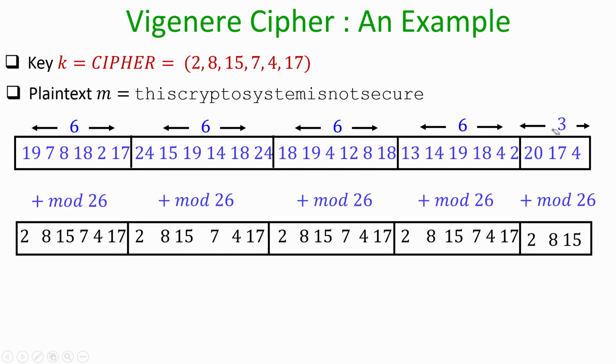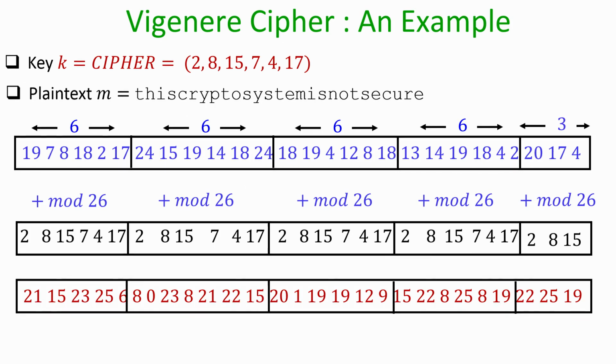Now, what we do is we encrypt the first block as follows. The key for our example is the string 2, 8, 15, 7, 4 and 17. What we do is we add these numbers to the block 19, 7, 8, 18, 2 and 17, and each of the additions is performed modulo 26. Namely, the character 19 gets shifted by 2, and since we are not crossing the range 0 to 25, we obtain 21.